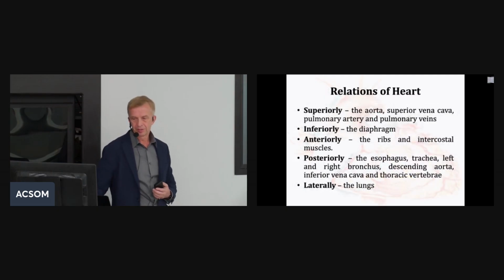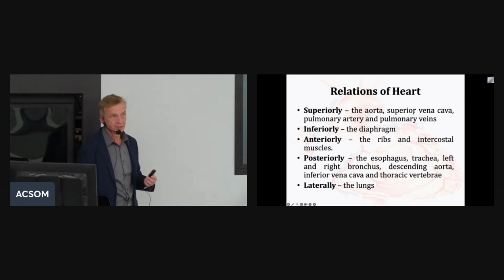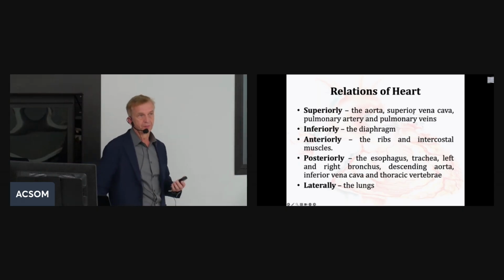Now let's talk about the relations of the heart to the other organs. On the top, superiorly, there is the aorta and superior vena cava. Superior vena cava carries blood from the head and from the upper extremities back to the heart. The lower portion of the heart sits on the diaphragm.